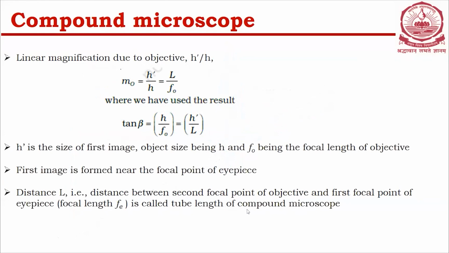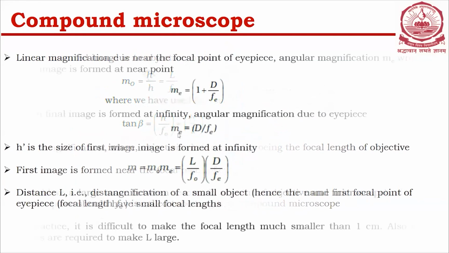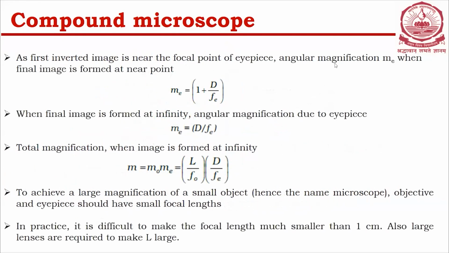That's what I told you, the tube length. This is actually the tube length. Then from this you can find out the angular magnification of the eyepiece, because for the objective you have to find the linear magnification, and for the eyepiece you have to find the angular magnification.